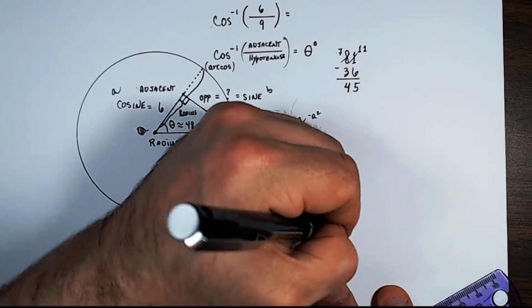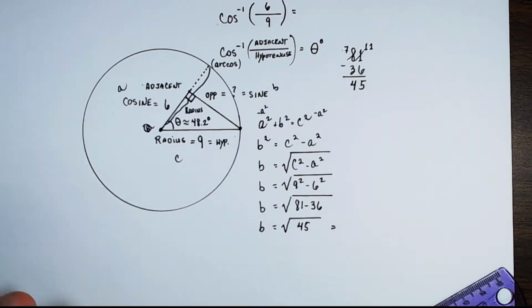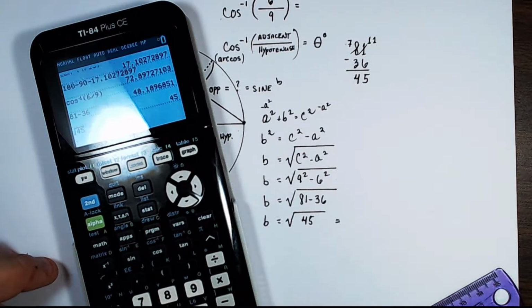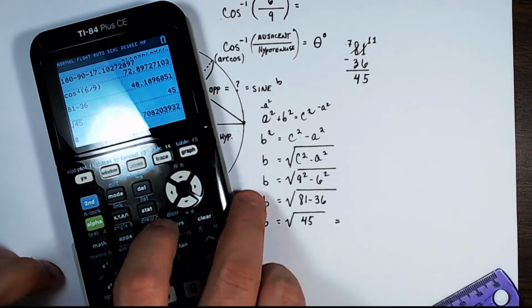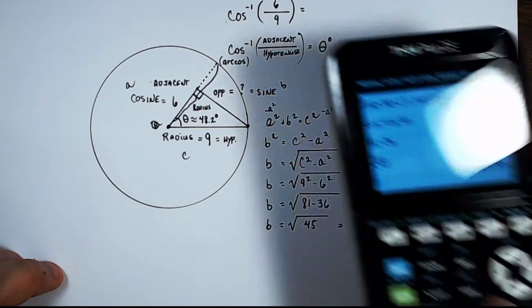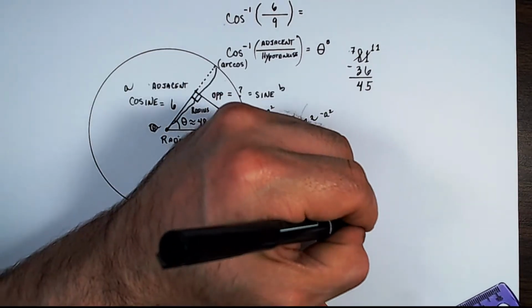So the square root of 45 equals 6.708203932. So this is an approximation.